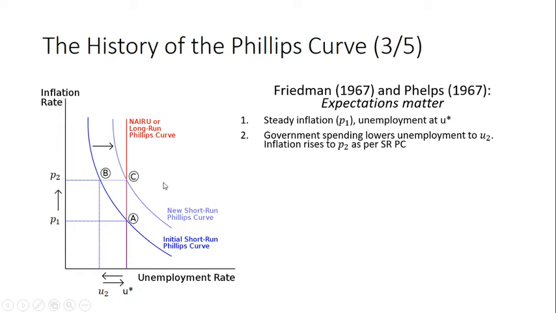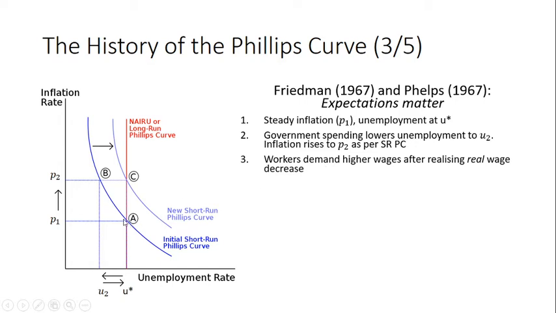We're going to get into the exact theory behind why this curve may or may not exist a bit later, but for now we're just going to take it as given. We're going to just say, okay, we're going from A to B, just because that appears to be empirically what happens. However, let's think through some of these effects, as Friedman in particular argued.